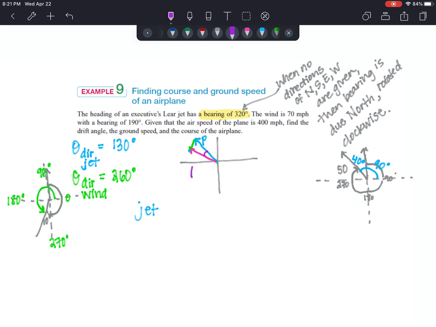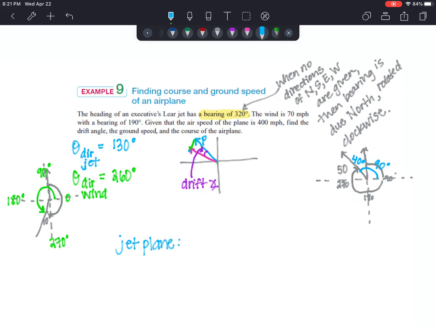That's called the drift angle. So how far off course does the wind make the plane drift? That's a way to remember it. So we've got our jet plane.